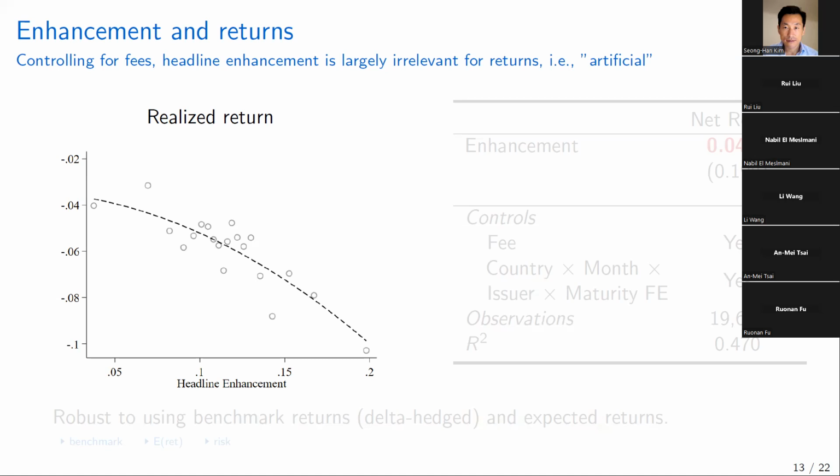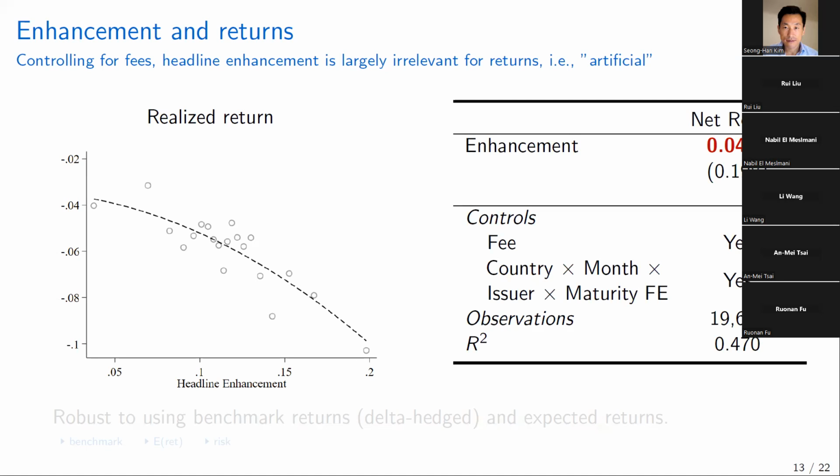This is largely because securities with higher enhancement also charge higher fees, and higher fees are one of the major determinants of return in the market. So controlling for fees, I observe a slight positive impact of enhancement on returns, but the magnitude is around 5%.